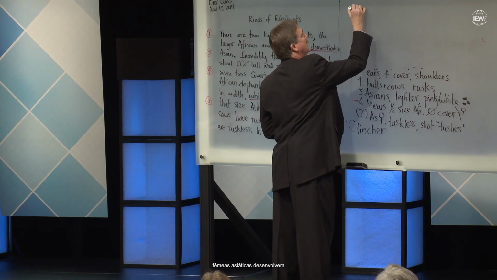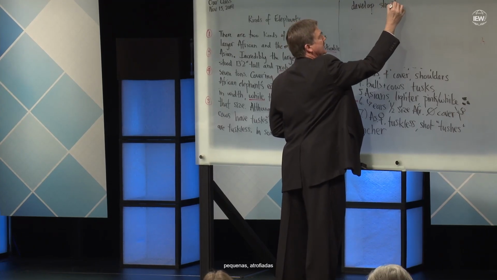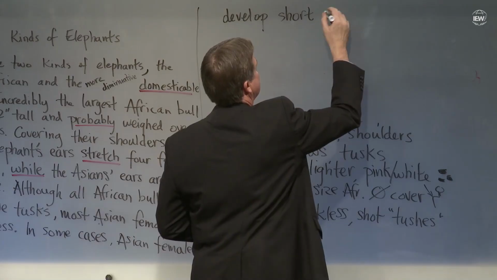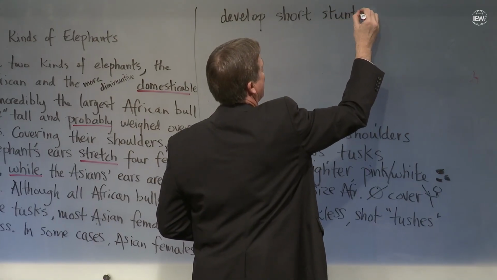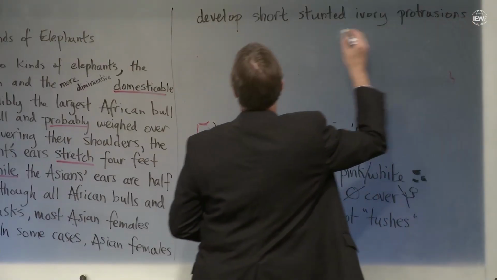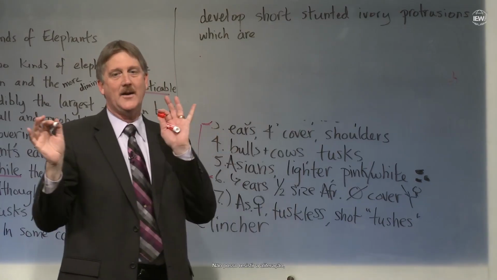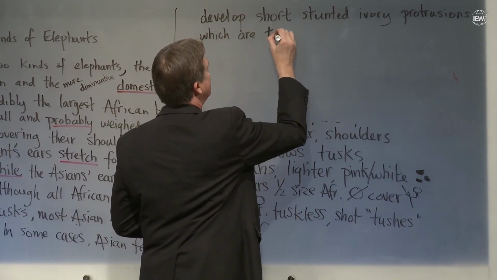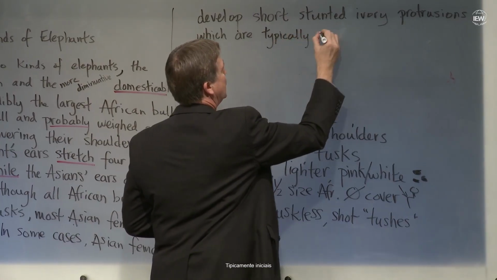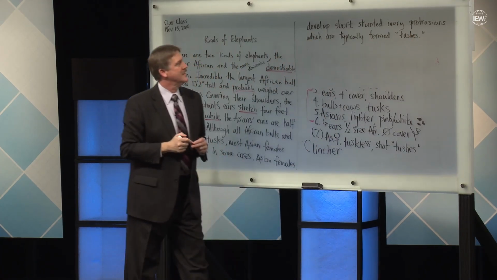Asian females develop short, stunted ivory protrusions, which are, I'm just so sorry, I cannot resist the alliteration, typically termed tushes. Good enough?